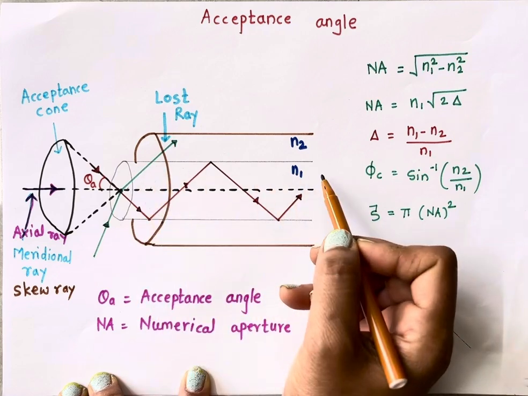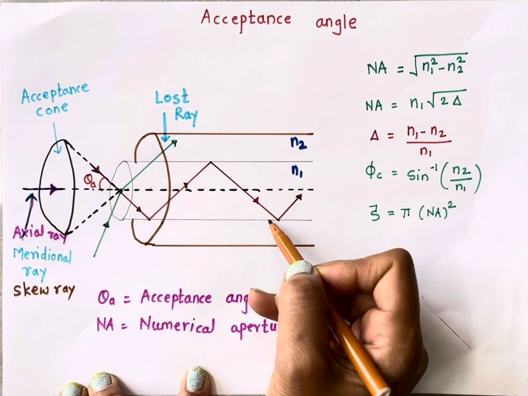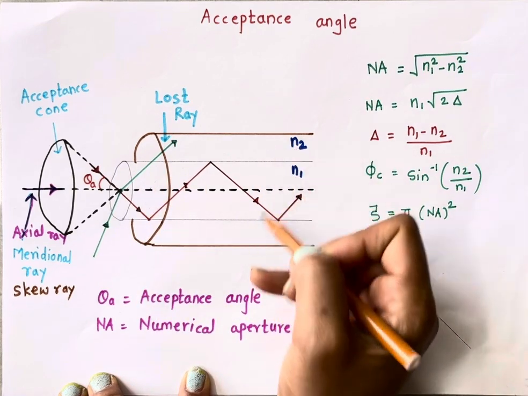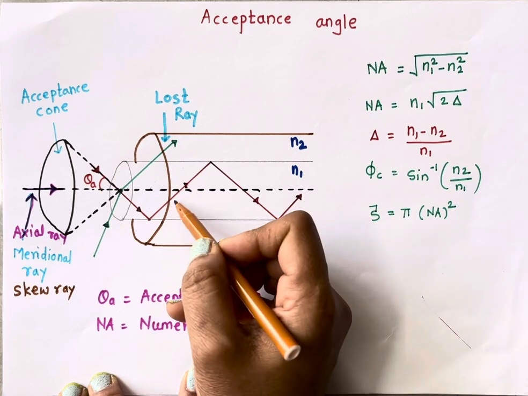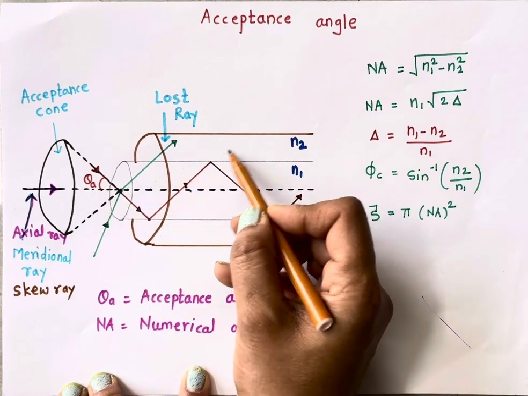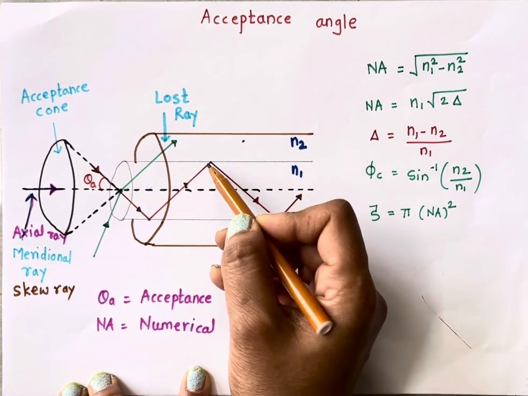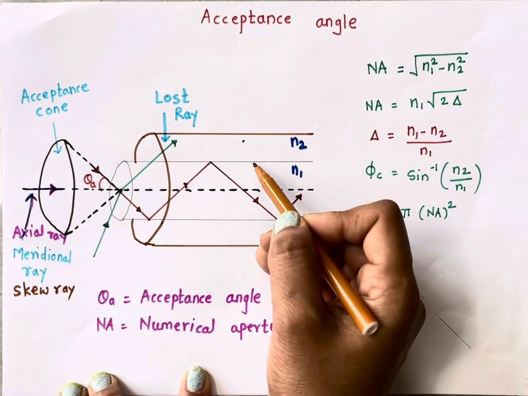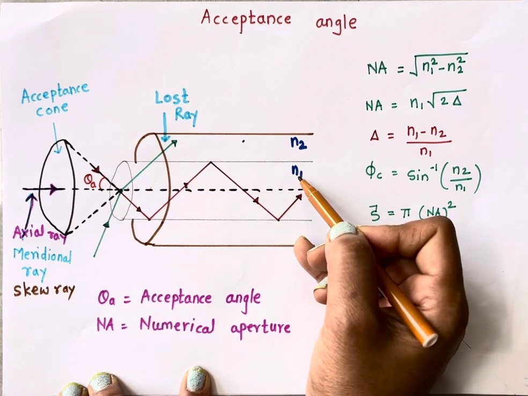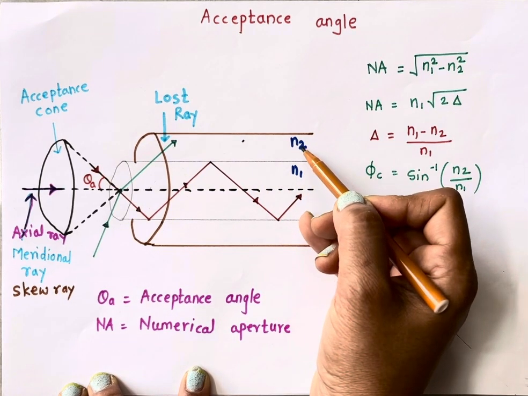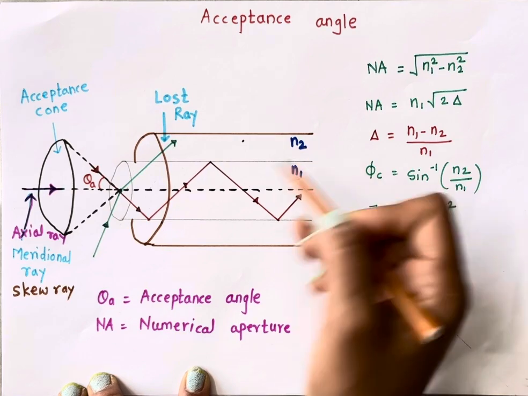See, this is my fiber, this is my core, and this outer is my cladding. And you can see here light ray is not entering into the cladding. Instead of that, it is traveling through core material only. Refractive index of core is N1, refractive index of cladding is N2.